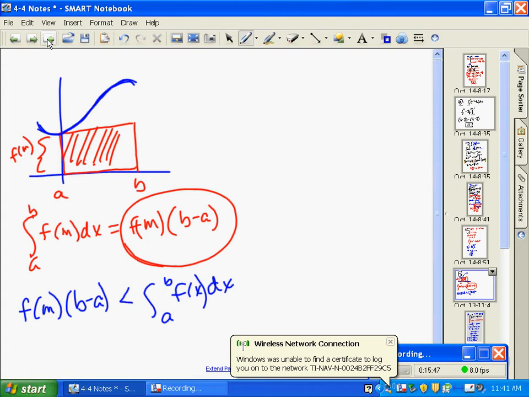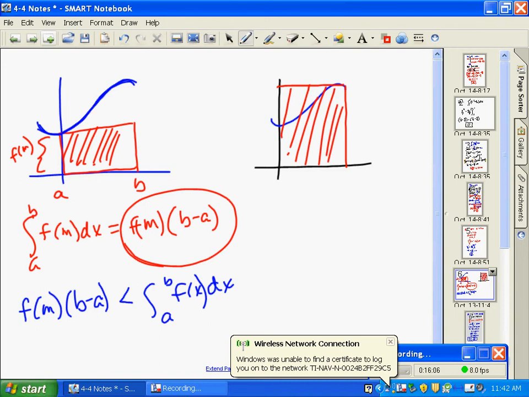Now, the one on the far right side on the notes has hopefully the same curve, so I'm going to try and draw the same one. But in this one, I'm going to circumscribe. That means put the rectangle on the outside.